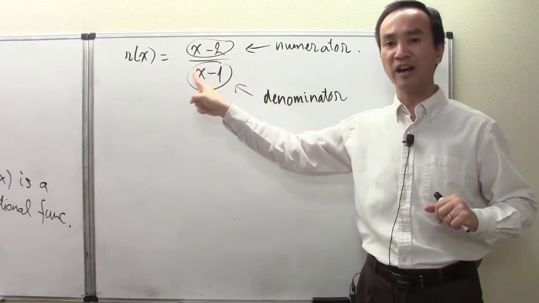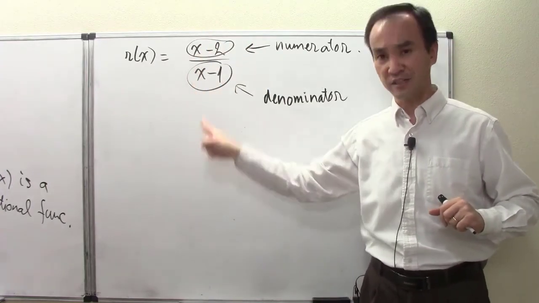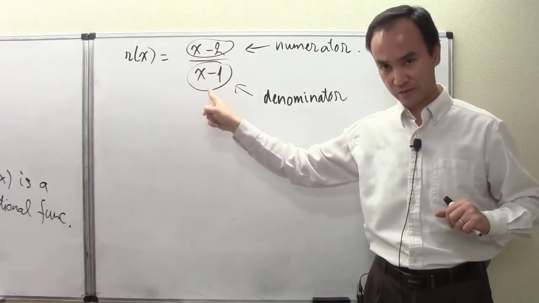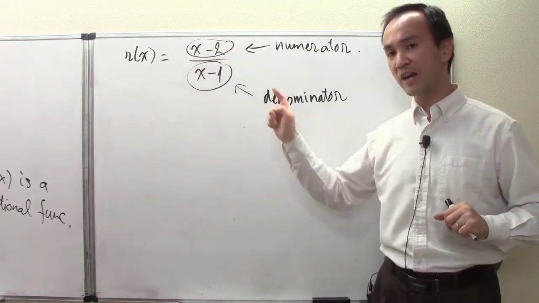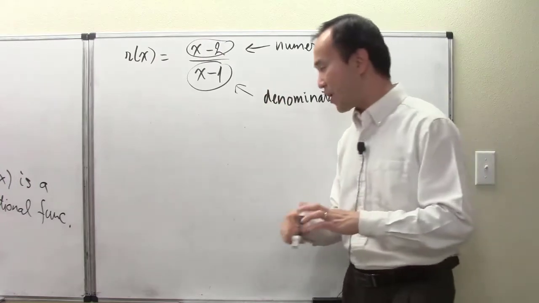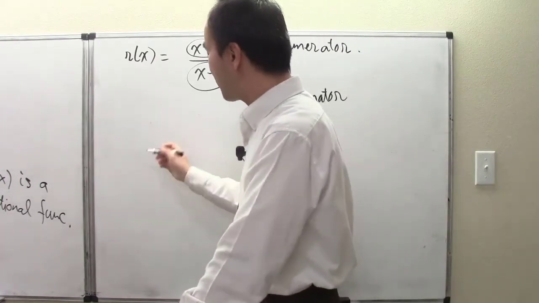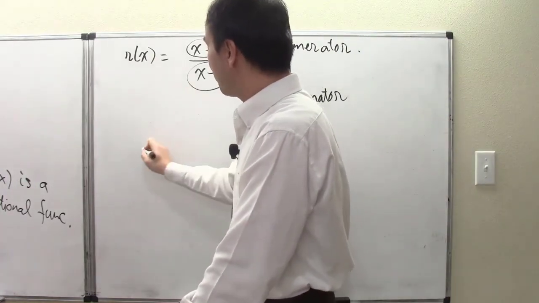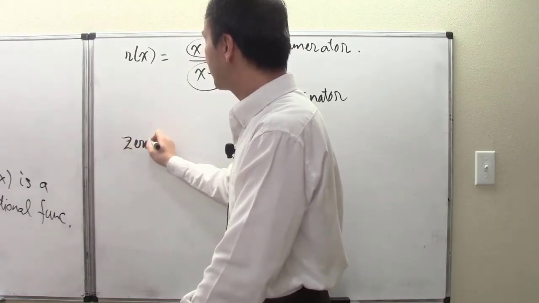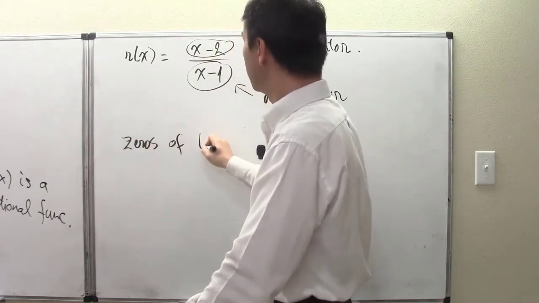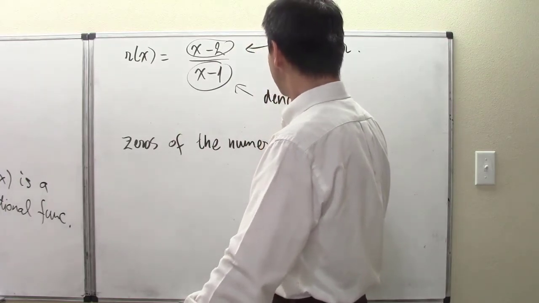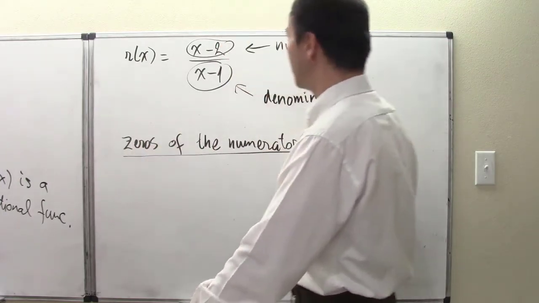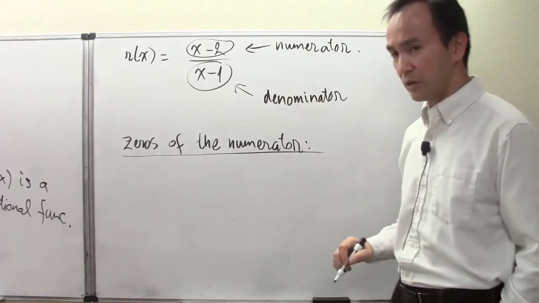And then we're going to identify all of the linear factors that are really left over in our overall rational expression here. So in that way, now I'm going to find zeros of the numerator. I'm going to find all the zeros of the numerator.